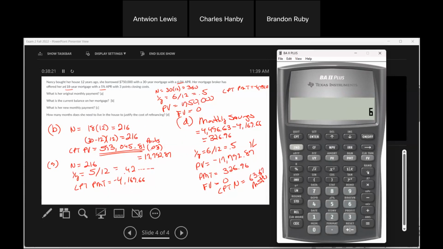So 360, 6 divided by 12, we need a monthly rate, so 0.5, 750,000 PV, 0 future value, compute payment, 4,496.63. Let me hit the plus minus to eliminate the negative. I'm going to store this in 0.